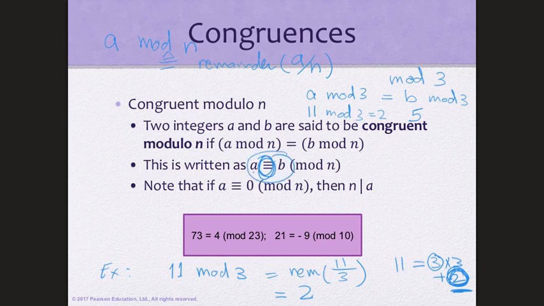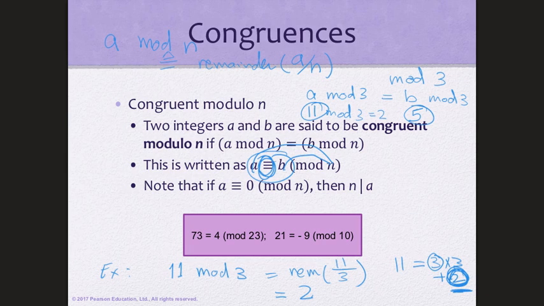This means that the remainder of dividing A by N is equal to the remainder of dividing B by N. But not necessarily that A and B are equal to each other. It's not true. They don't have to be equal to each other. It's only that when I divide each one of them by the modulus N, they give me the same remainder. But they can be totally two different numbers.